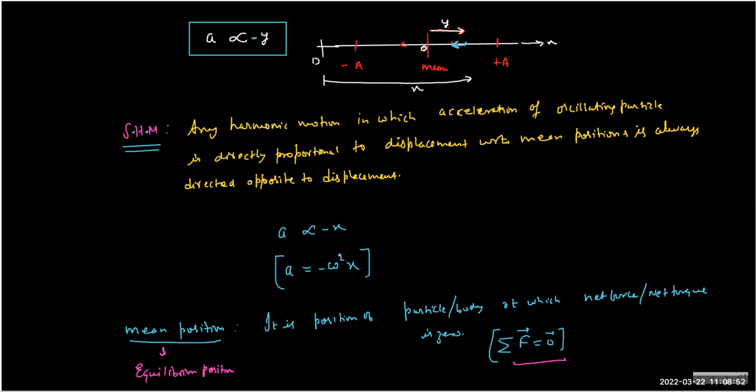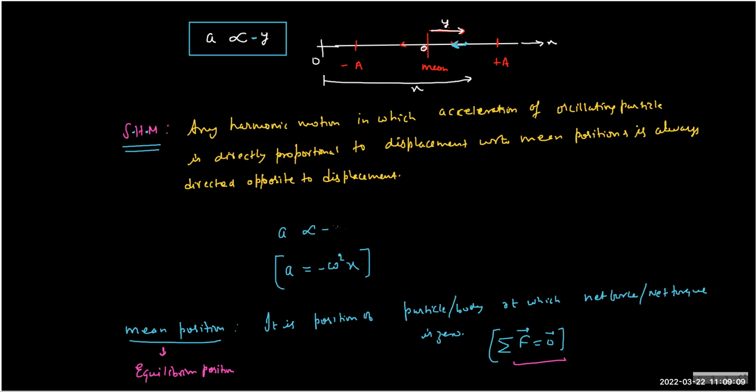So do not get confused. Coordinate versus displacement from the mean are two different things. So x does not mean x all the time. I think I have confused you guys by writing like this. So let's remove this.